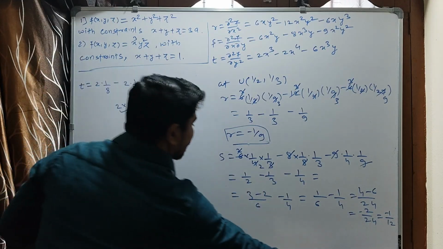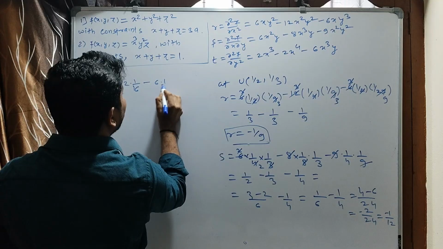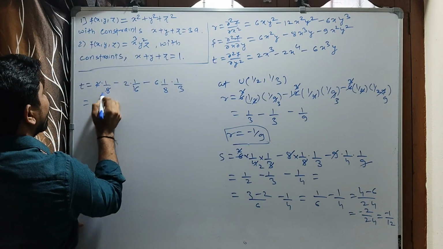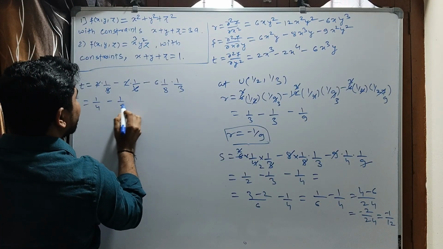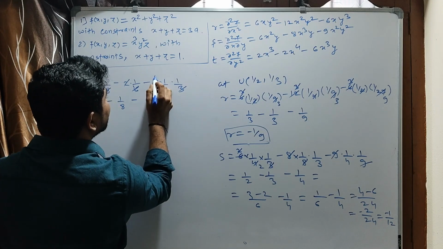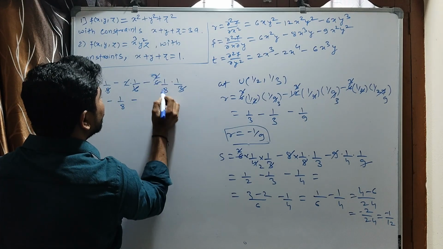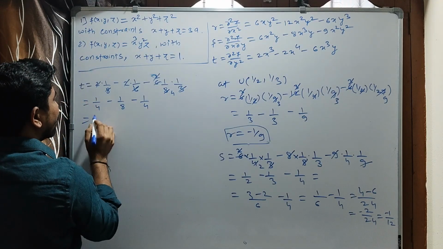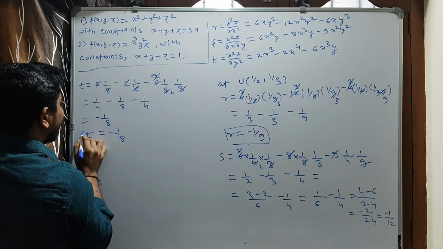So 1 by 16 minus 6 times 1 by 8 and 1 by 3, which is equal to 1 by 4 minus 1 by 8 minus 6 into 1 by 4, this is minus 1 by 8. Therefore t equal to minus 1 by 8.